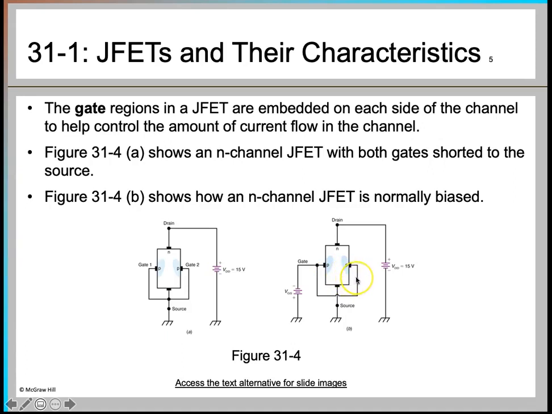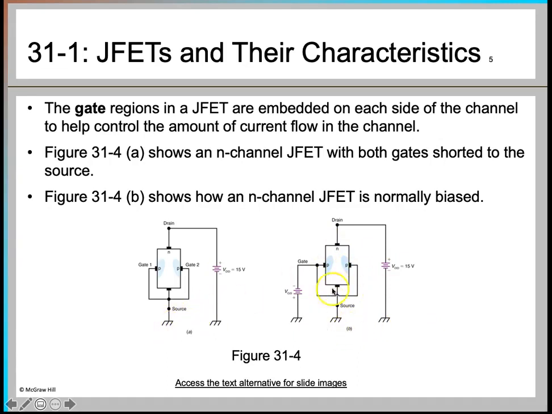And after some time, two depletion regions will appear to touch each other, which means the pinch-off condition will be reached, and the corresponding drain to source voltage is called your VP, the pinch-off voltage, which is basically the voltage between drain and source. So the VP in case 2 is less compared to VP in this case.